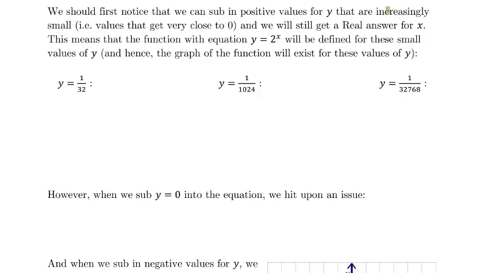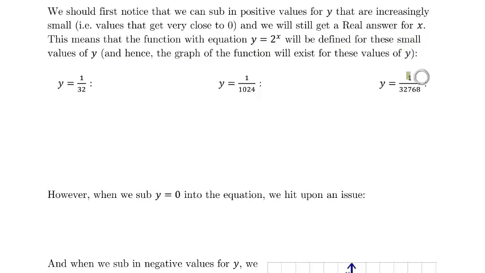So these are y values that are increasingly closer to 0, and we'll still get a real answer for x. This means that the function with the equation y equals 2 to the x will be defined for these small values of y, and hence the graph of the function will exist for these values of y.